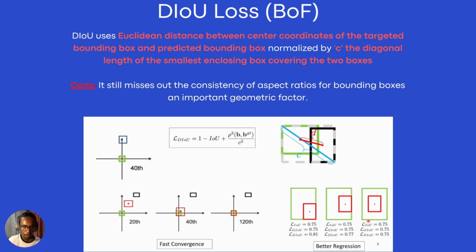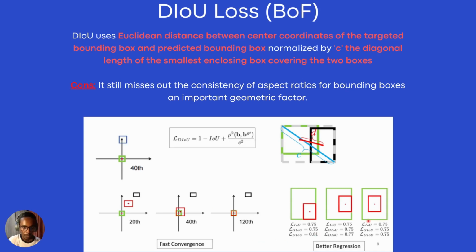Even when you consider boxes on the X and Y axis with respect to the target box, we reach the box much faster because now we're considering the distance between the centers.